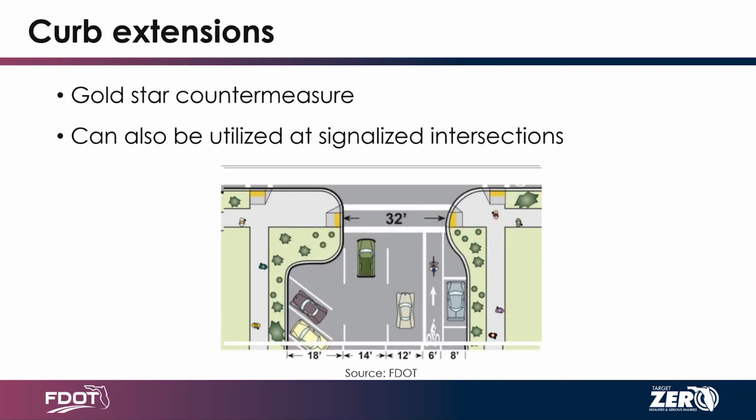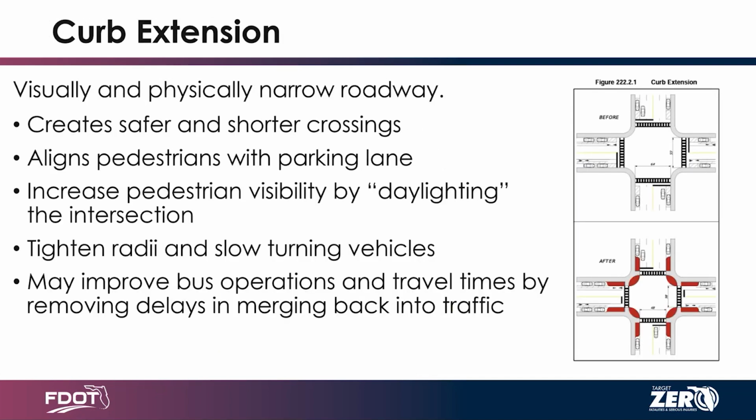And so curb extensions, I think they're pretty self-explanatory, but you're extending the curb at an intersection to reduce crossing distances, and they're also effective in reducing turning vehicle speeds. This figure to the right just shows before and after. There's already some on-street parking, so the space isn't being well utilized at the intersection. You could potentially call it a little bit of dead space.